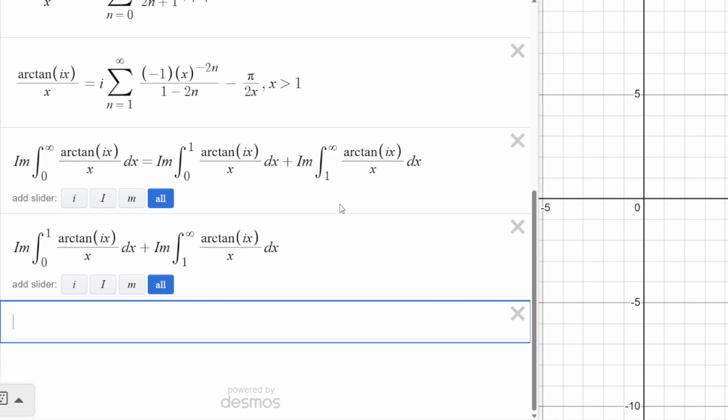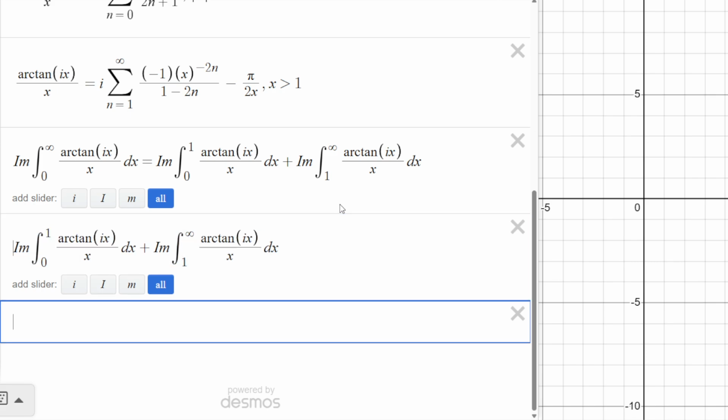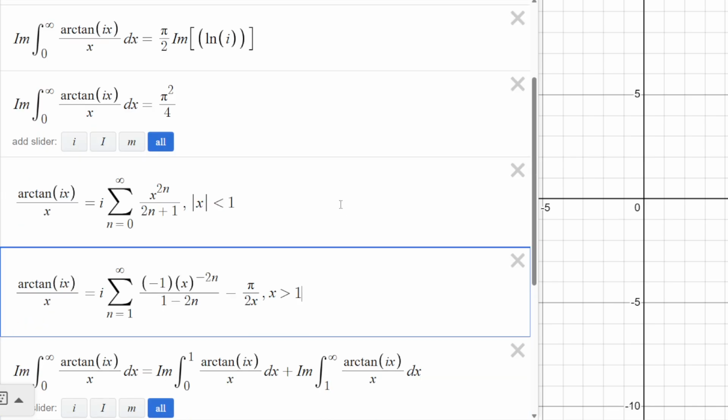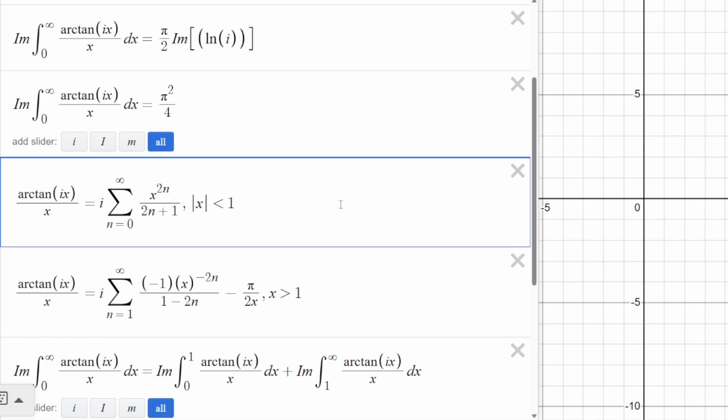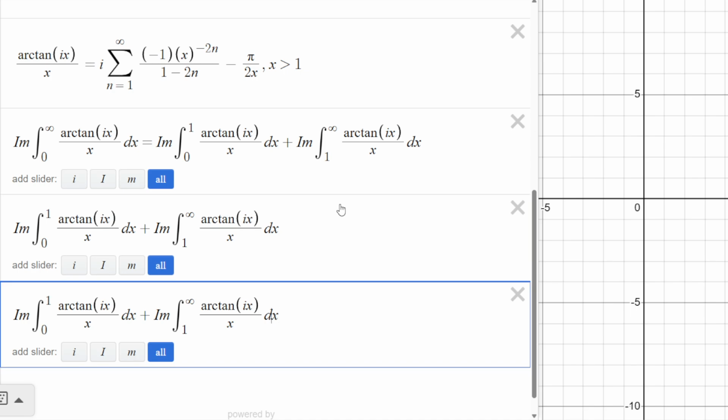So in any case, now we're back to here. So what we end up with is we can change this to, well, now that we have arctangent of ix, for x less than 1, we can plug that version of it into here.